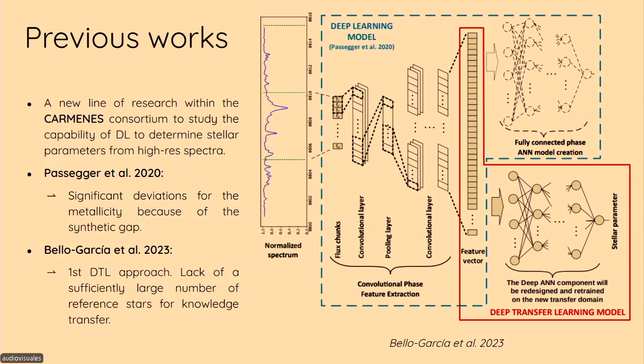You can see this model inside the blue box, where you can see first the convolutional layers of the network that extract features into a feature vector, and this feature vector is fed to an artificial neural network block to estimate the stellar parameters. So in this work, they achieved very promising results, but they found significant deviations in the metallicity estimations that they attributed to the synthetic gap.